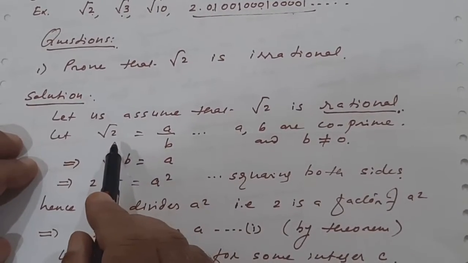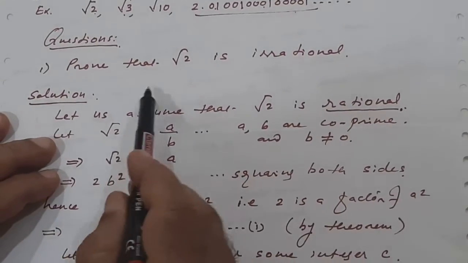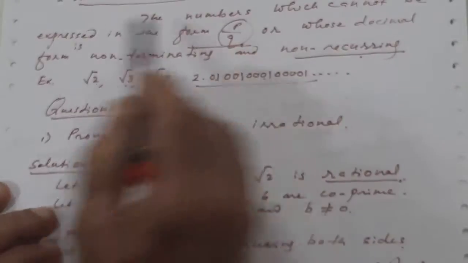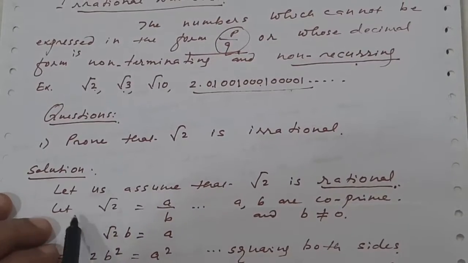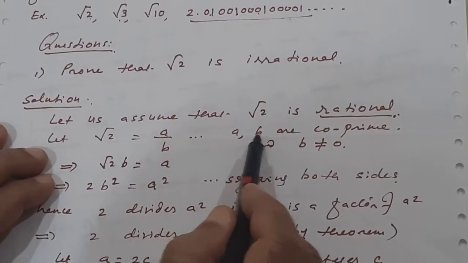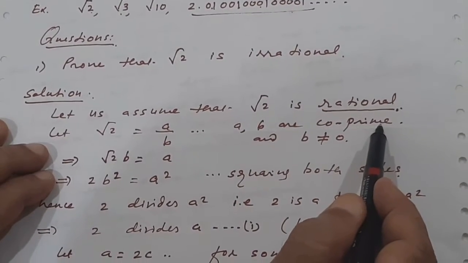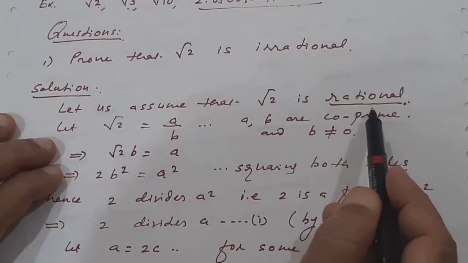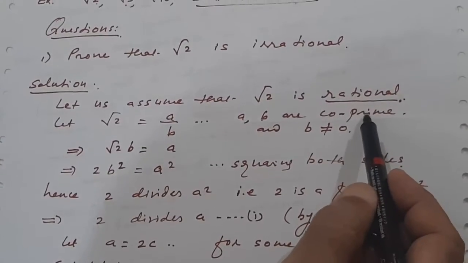You know that a rational number can be written in the form of P upon Q. So let root 2 equal A upon B, where A and B are co-prime. Now what do you mean by co-prime? Co-primes are numbers which do not have any common factor.